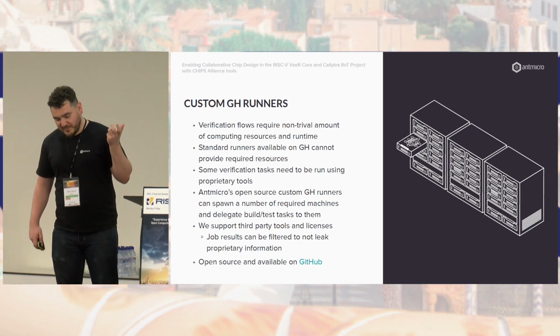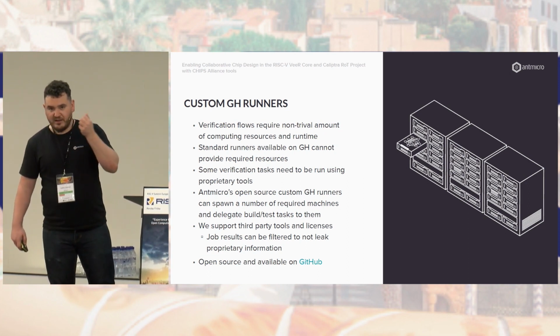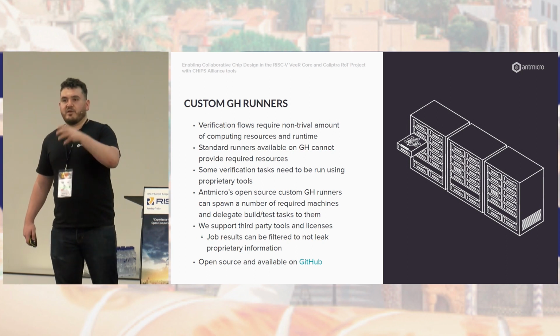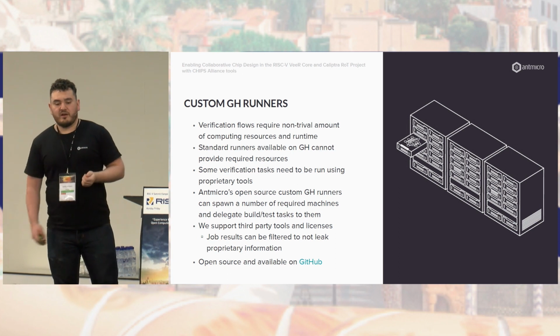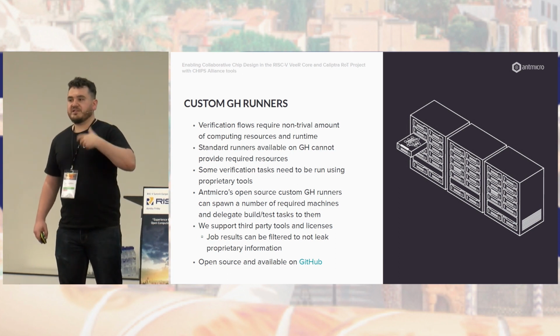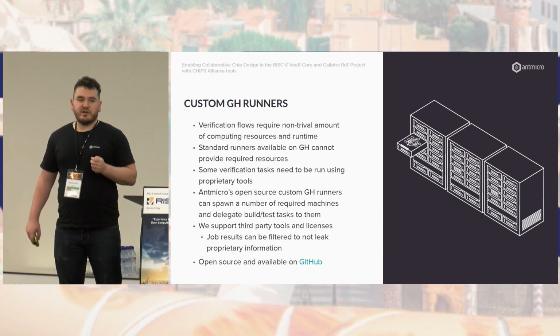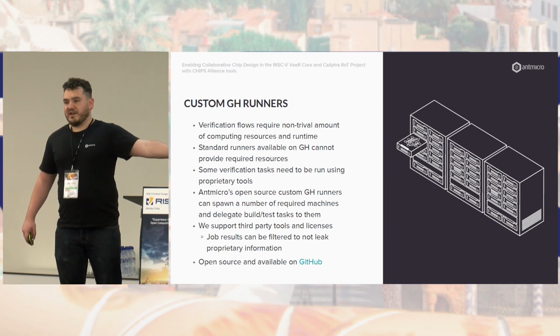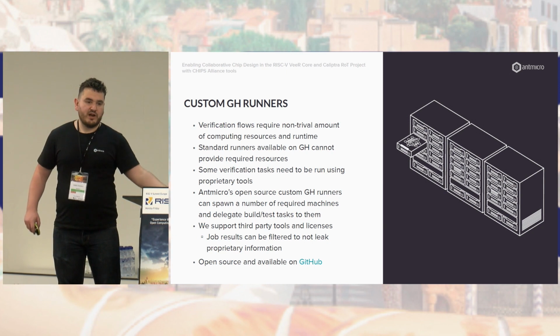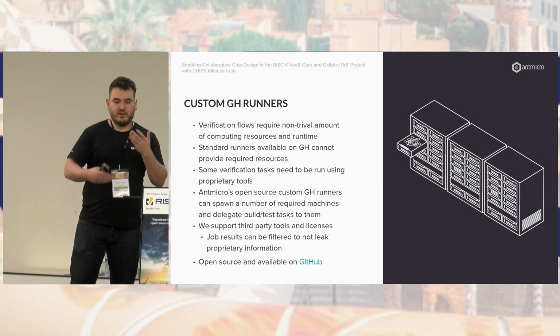But it's not always that easy to run tests like verification of ASICs, of bigger RTL projects, in public CIs. Since we are working on GitHub, the obvious choice was, let's use GitHub CI. And GitHub offers some runners, some computers that you can use to run your tests.